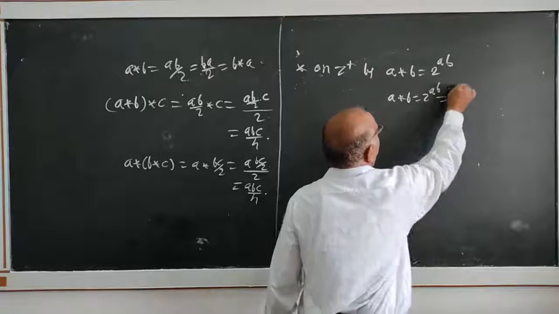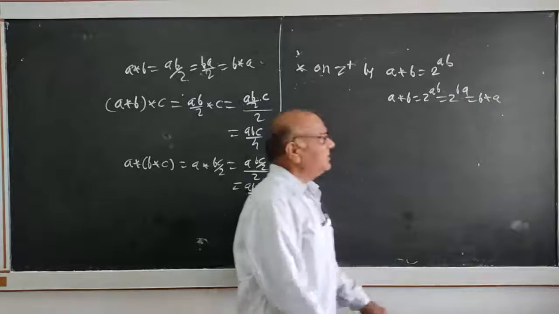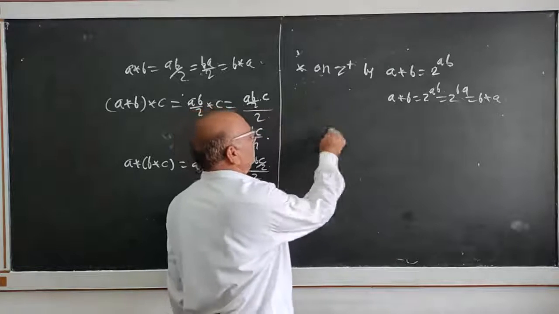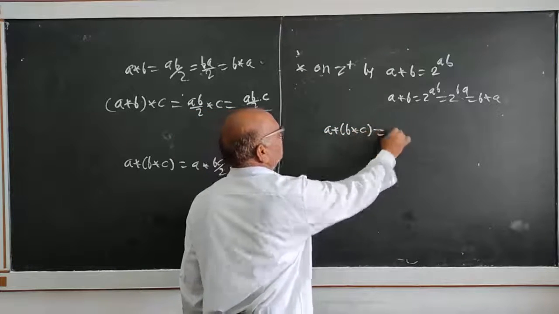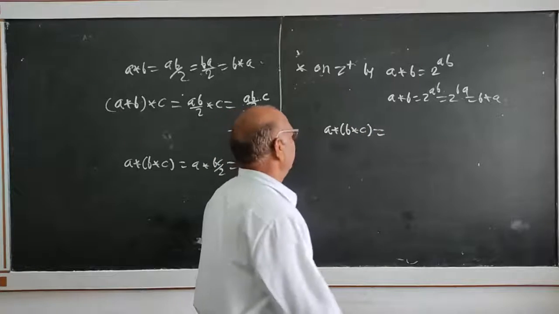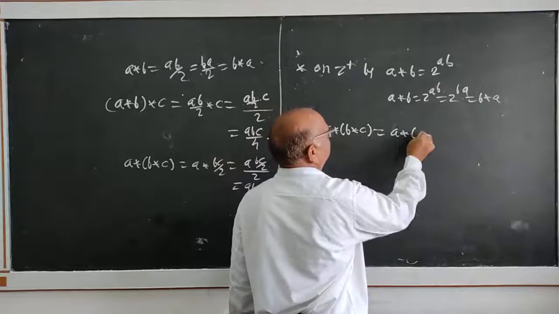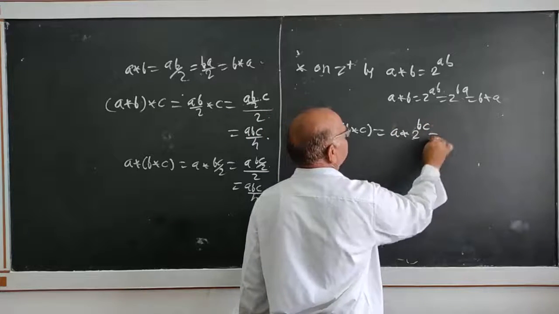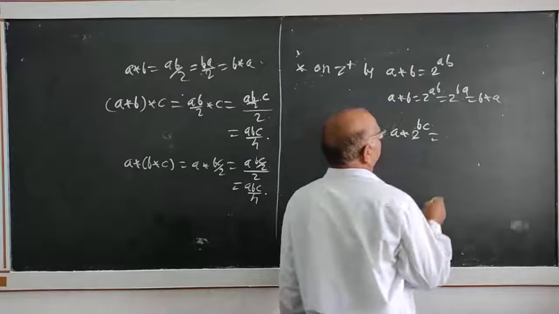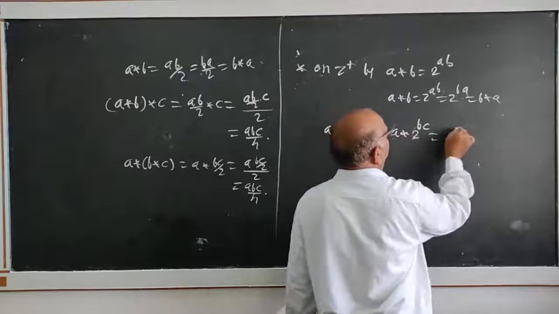This can be written 2 raised to BA and this is equal to B star A. But not associative. See here, A star (B star C) is equal to A star (2 raised to BC). This is again 2 raised to product of these two.